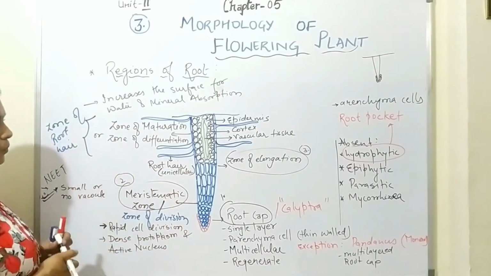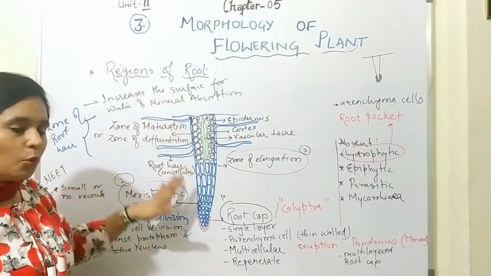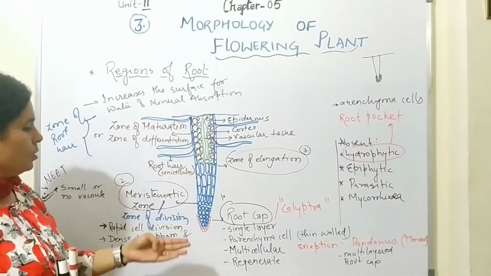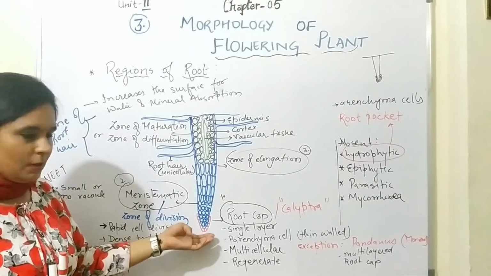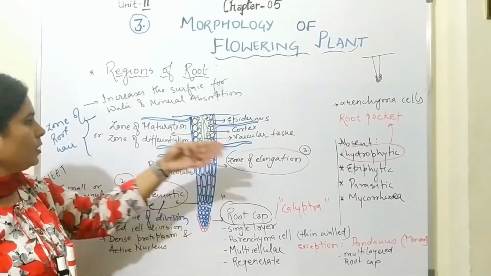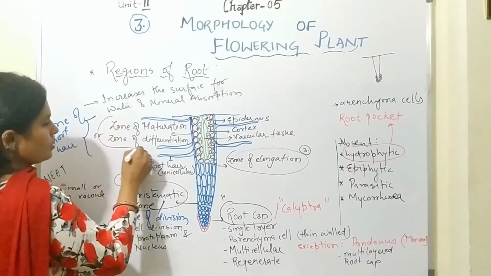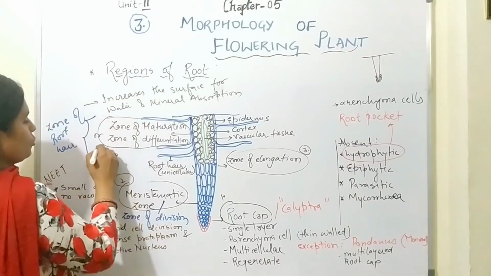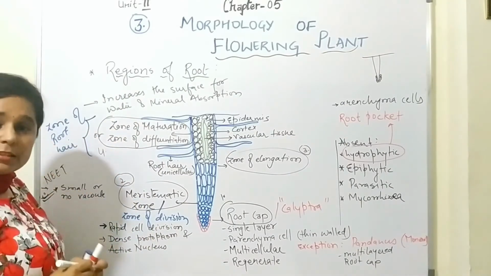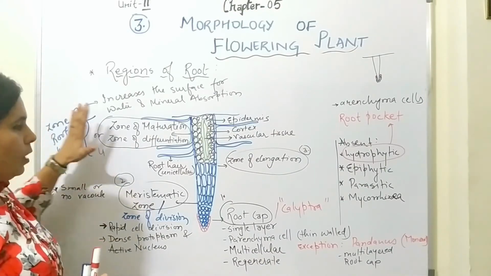Okay. So here you have seen that the whole root is divided into 4 zones: root cap first, then meristematic zone, then zone of elongation, and then the zone of maturation, or zone of differentiation, or zone of root hair.